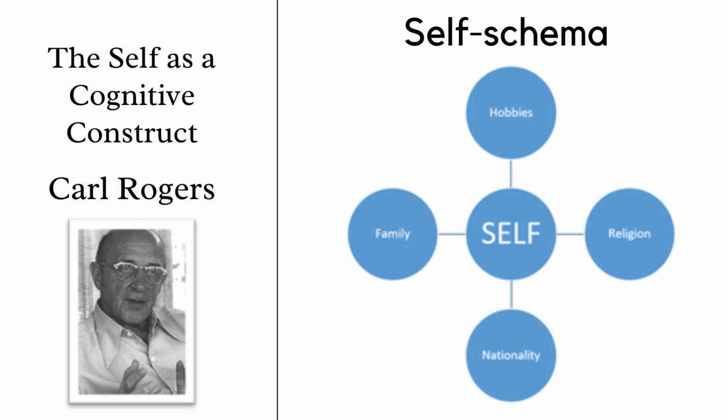According to Rogers, the self is affected and shaped by different factors, such as your family, your hobbies, your religion, and your nationality. Other factors may include your interest, your work, your age, your physical characteristics, and the like. And as you grow and as you mature, these factors also change. So they change how we see things, how we think about things, and how we feel about things.